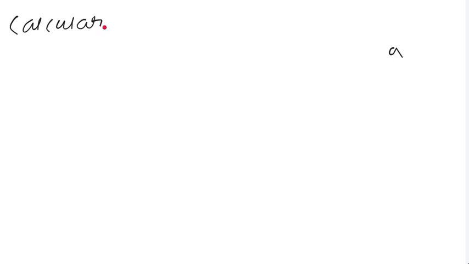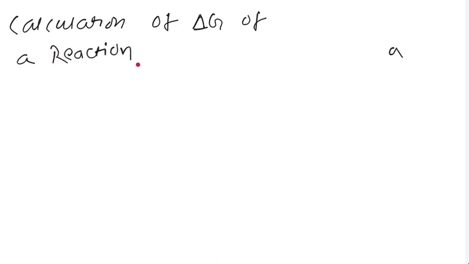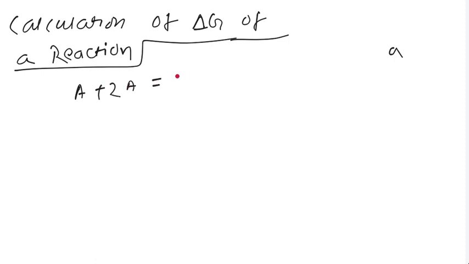Calculation of delta G of a reaction. We take a reaction A plus 2B equal to C plus 2D.